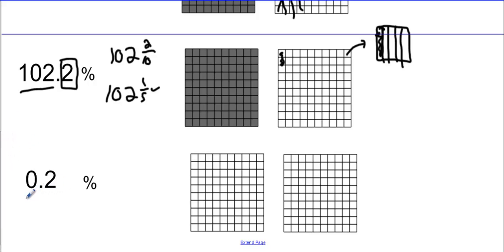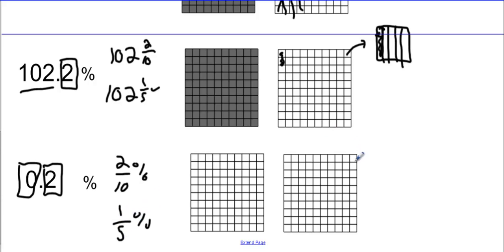which is 0.2%. What is 0.2%? Well, again, break it into 2 parts. Here we have the 0, which means what? It means don't shade anything. Just leave a blank. Only shade the piece of the percent. So we have 2/10 of a percent, which is what? 1/5 of a percent.